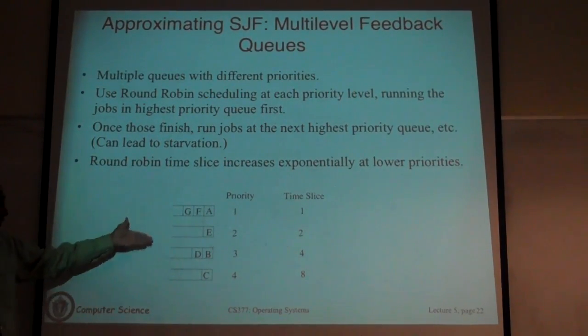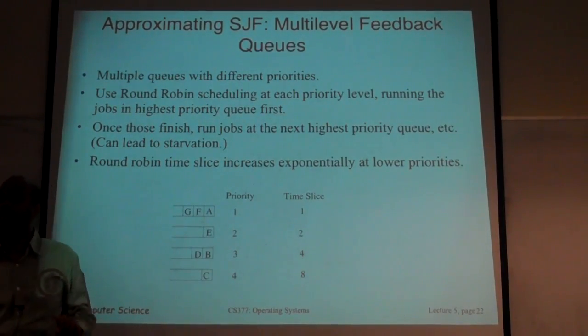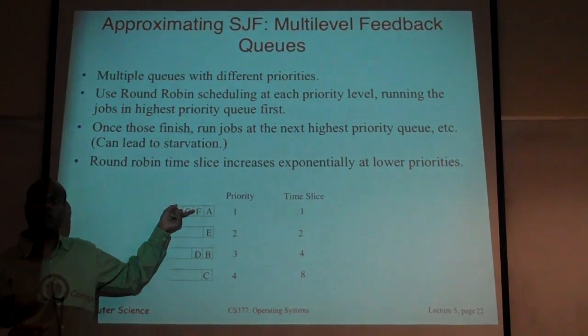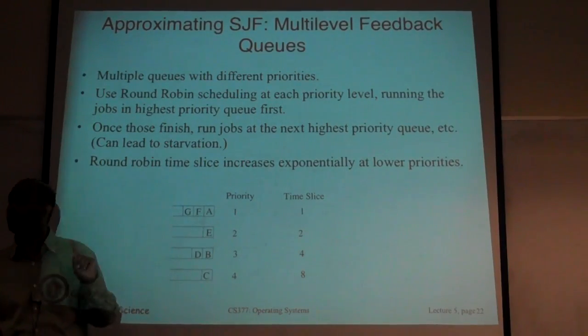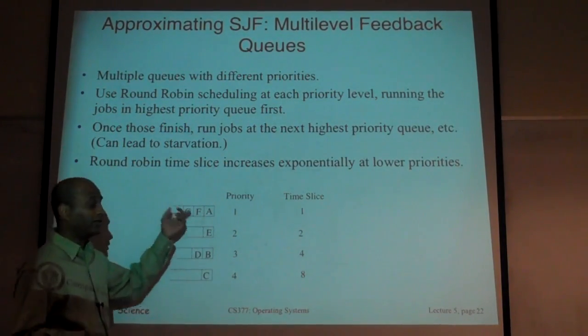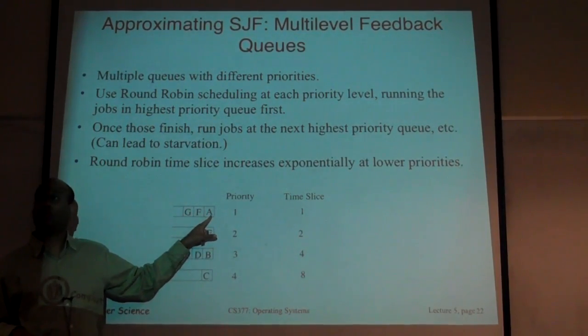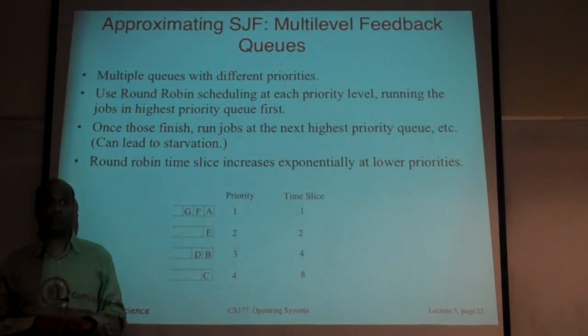In this case, you will see that there are some number of processes that are waiting to be scheduled. Whenever the scheduler runs, it will start looking for the highest priority queue that is non-empty, pick a process from that queue, and schedule it for execution. So it starts with the highest priority queue. This is non-empty, so you pick A and schedule A for execution.